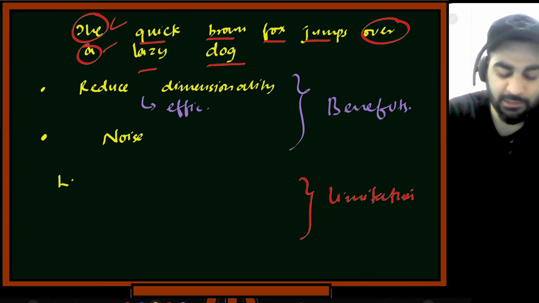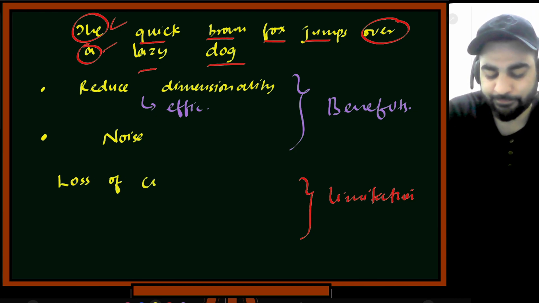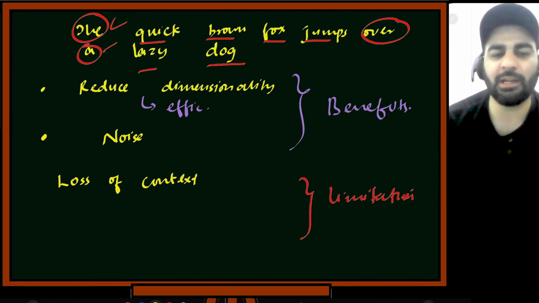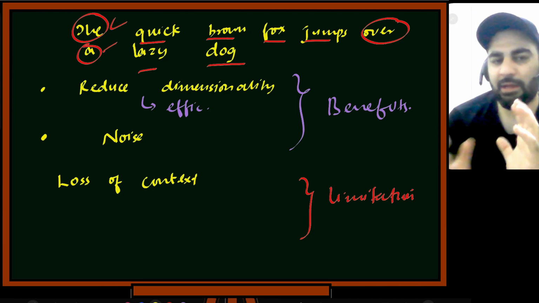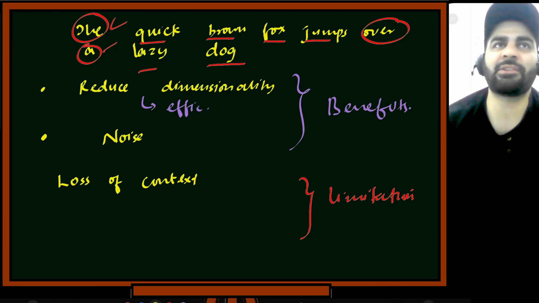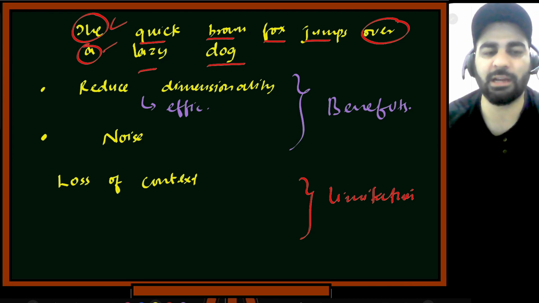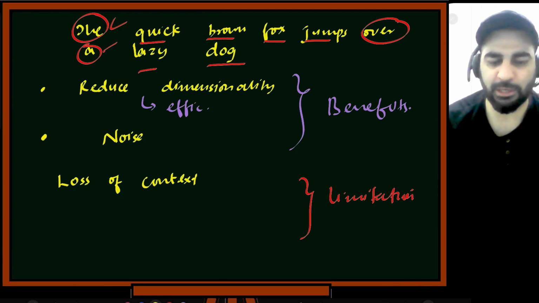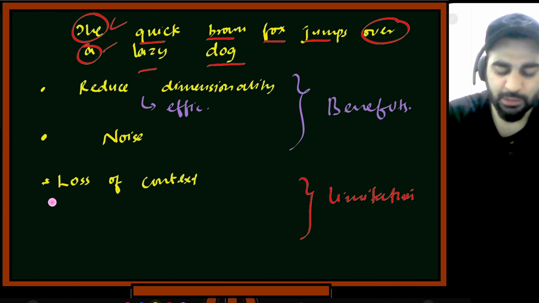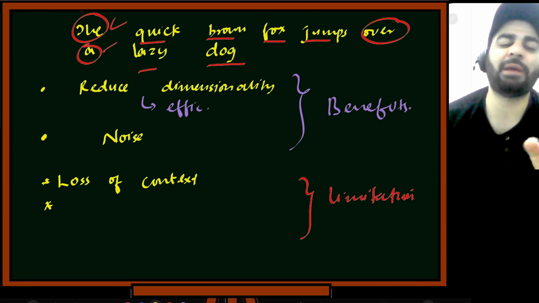So the first limitation is loss of context. Many words may not carry meaning by themselves, but when used in context, they carry the meaning. In stop word removal, you have to be careful about which words you are removing. Then there are domain specific words; you may remove words which in a particular domain have a meaning.